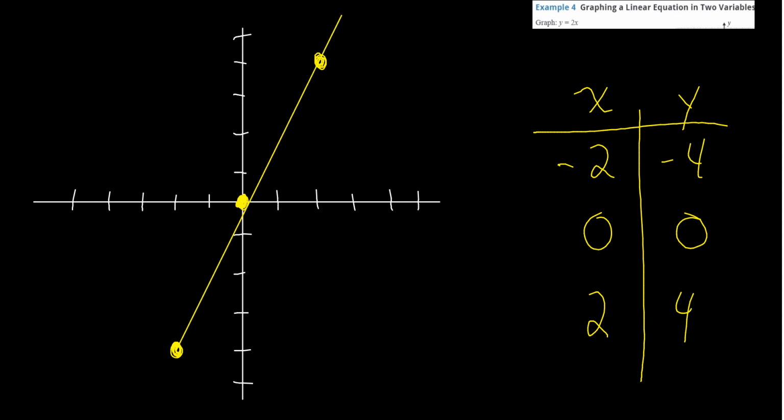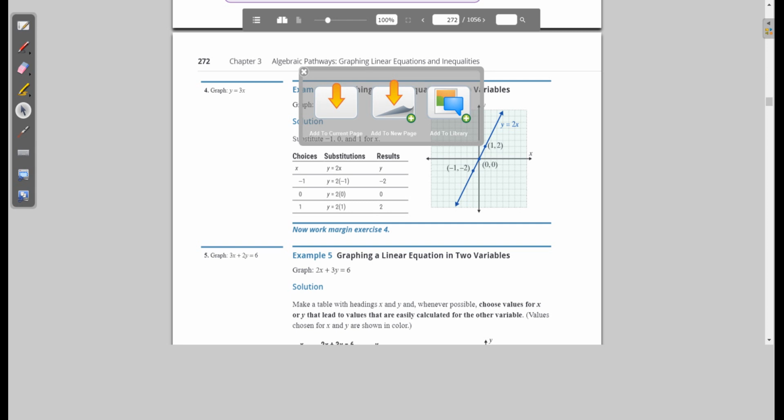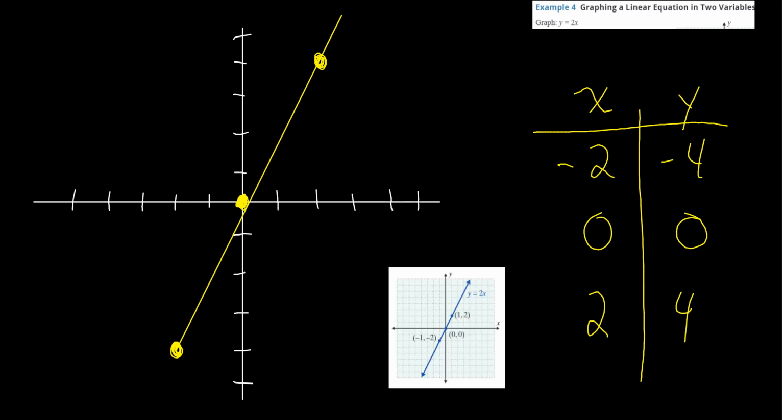This is why I don't graph too often, because it looks like that. But that is how we graph that equation, and I'll snip this just to make sure you have a nice pretty graph to look at on your notes. Same thing, just a lot nicer and neater and obviously more precise.